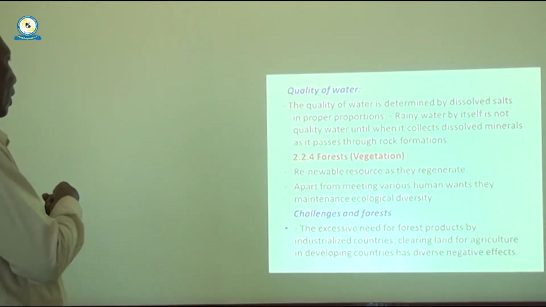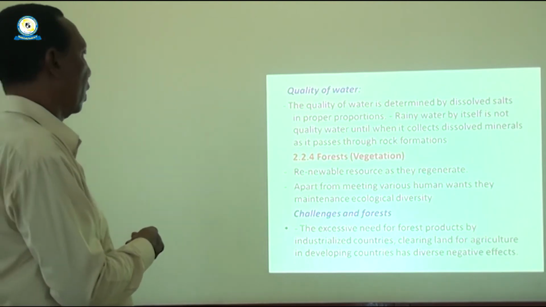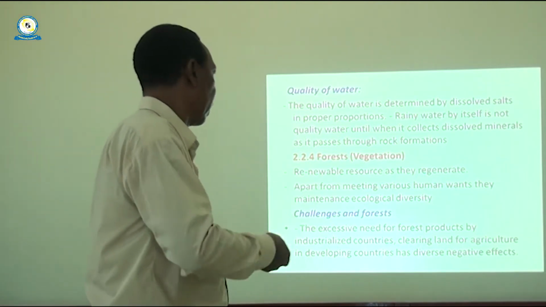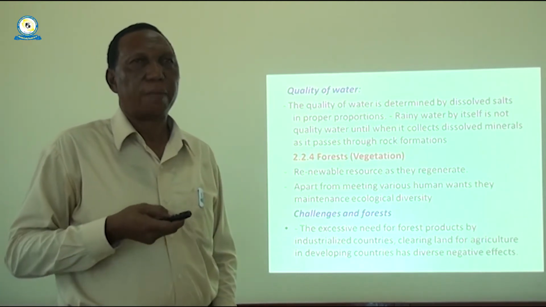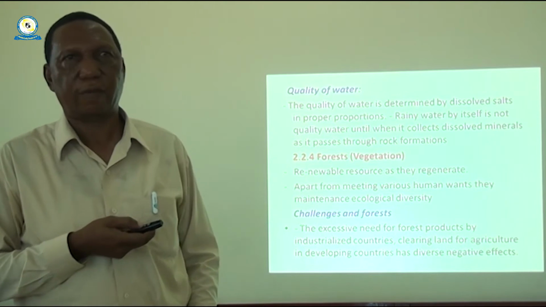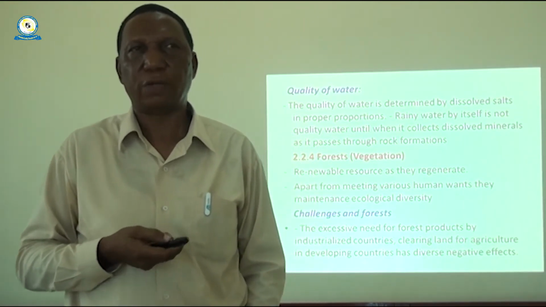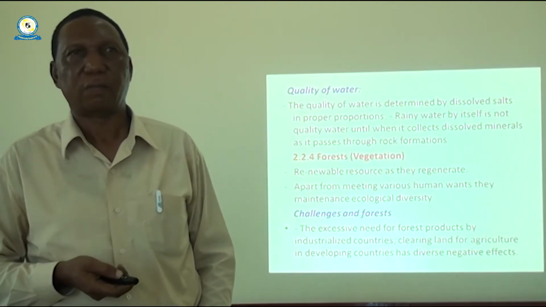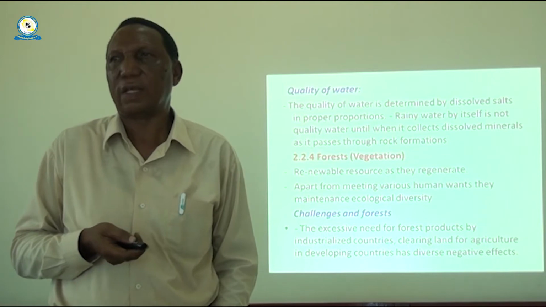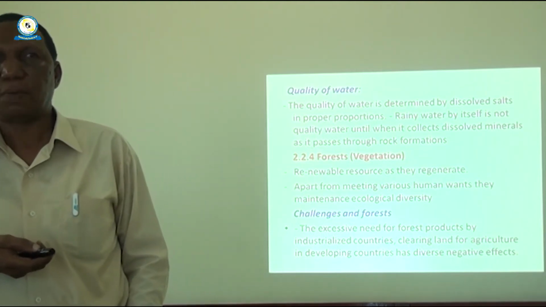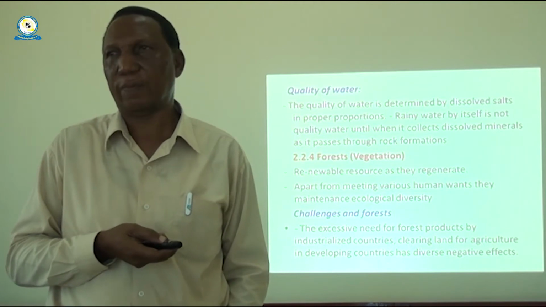Also, like in the other part of the land, we also have renewable resources that regenerate. If human beings have to use forests for their own works, building, timber, whatever, they should use the forest in such a way that some is left for regeneration.